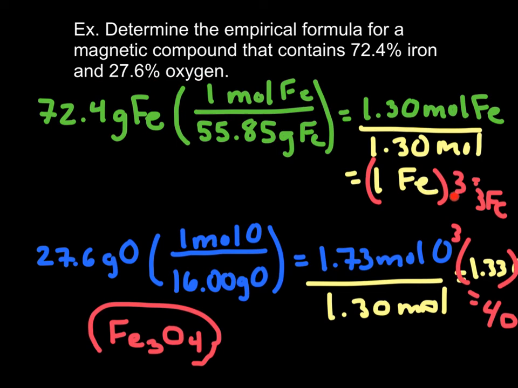This left us now with 3 irons and 4 oxygens. So our final formula for this magnetic iron oxide is Fe3O4.